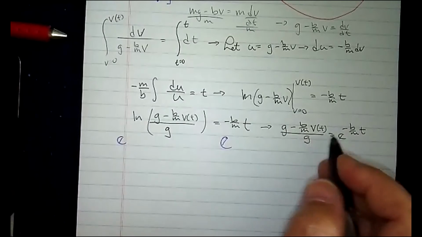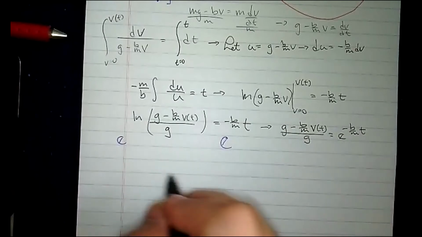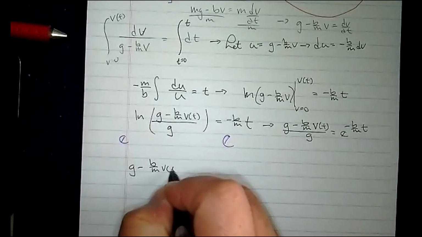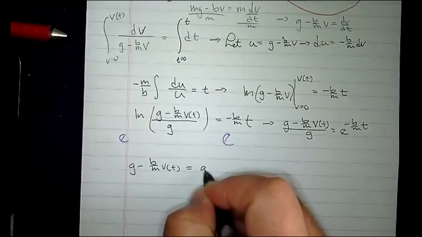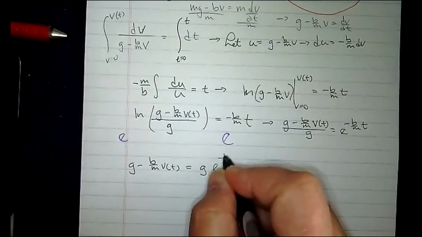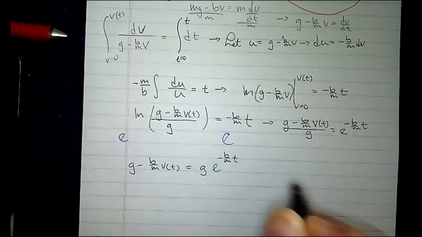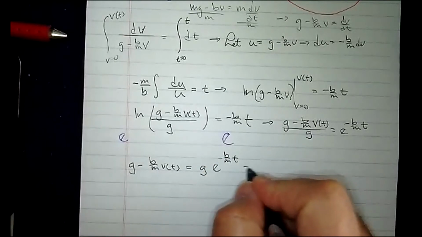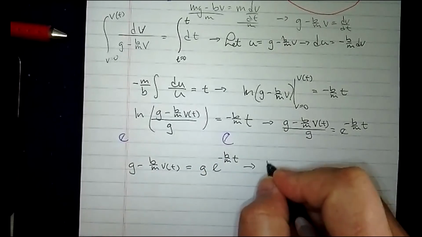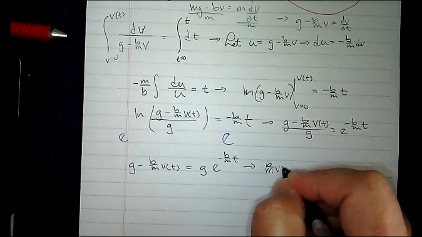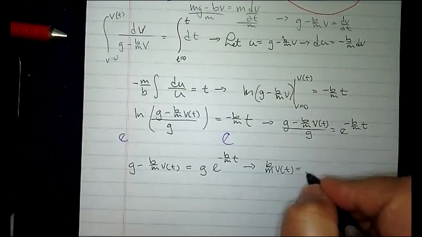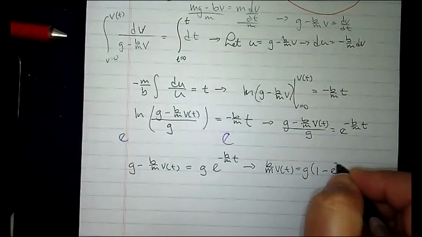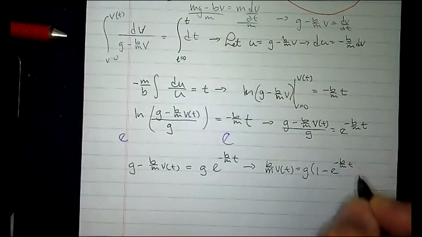So now that we have that, we can multiply through by g, and I'll get g minus b over m v of t is equal to g times e to the negative b over m times t. I can then pull this to that side and that to this side, and I'll get b over m v of t is equal to g times 1 minus e to the negative b over m times t.